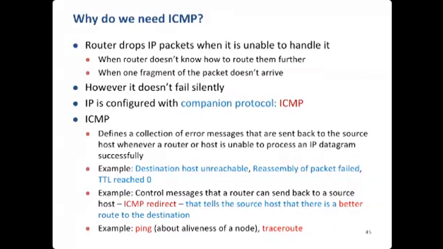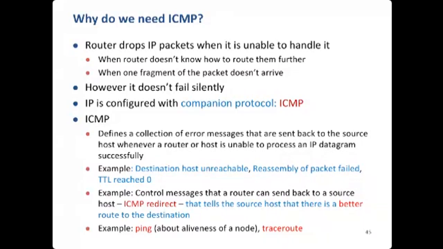Your machine has saved that IP packet, so you can resend it if you are using TCP. So that router will send an ICMP message back to your machine. ICMP is nothing but a collection of error messages sent back to the source host whenever a router or host is unable to process the IP datagram.